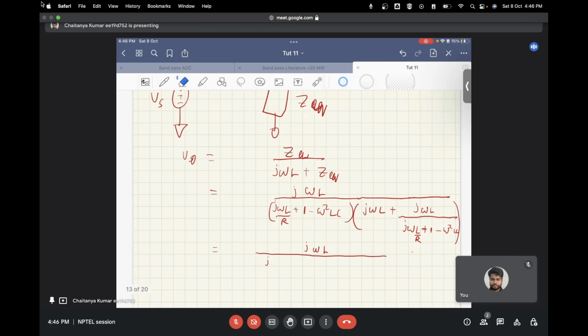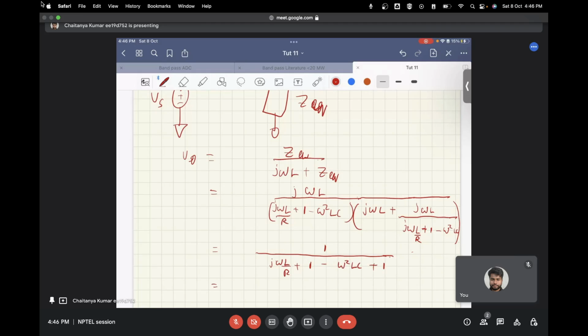So if we cancel that, we get 1 upon j omega L by R plus 1 minus omega square LC plus 1.